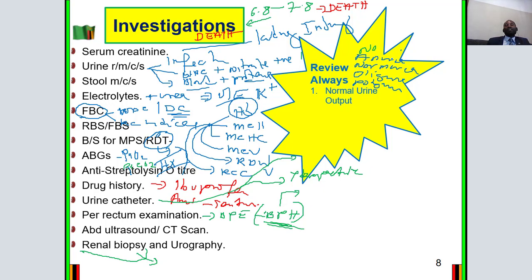About 99% is reabsorbed, 1% comes out as urine. At the end there, we know that the principal cells, like antidiuretic hormone and aldosterone, target the collecting duct, and the end drop there is 1 ml.